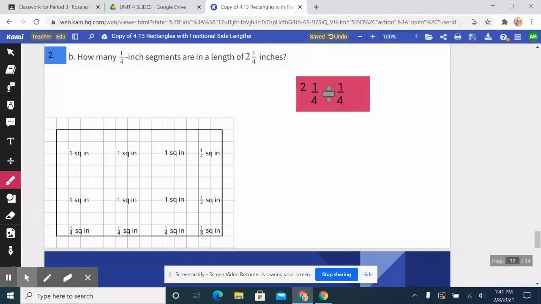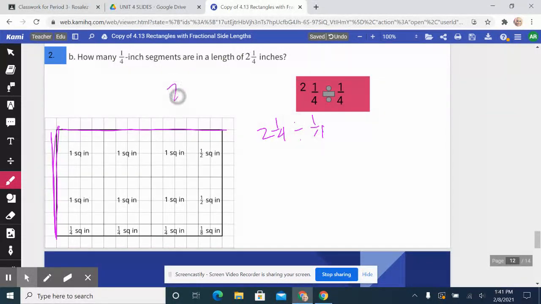Okay, so now I'm going to do B. Now we have a different problem. The other one, we found this length. Now on this one, we're finding this one right here, that other side. How many 1/4 inch segments are in the length 2 1/4 inches? So you would do 2 1/4 divided by 1/4.